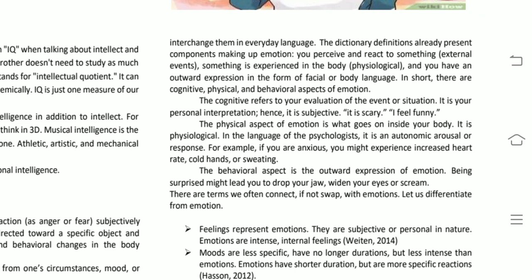Okay? Sa physical aspect of emotion naman is when you feel anxious, sometimes you feel that you are experiencing increasing heart rate, cold hands, sweating, 'di ba? So usually sa physical aspect, it goes around or this affects inside your body, okay?